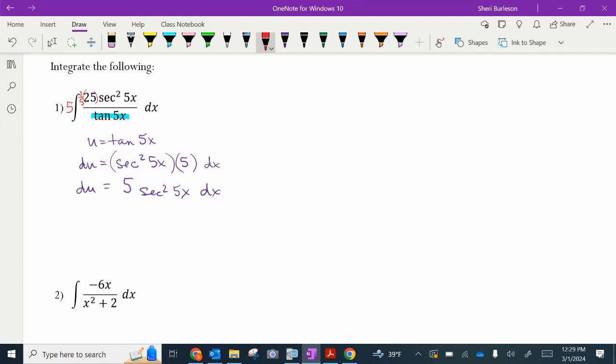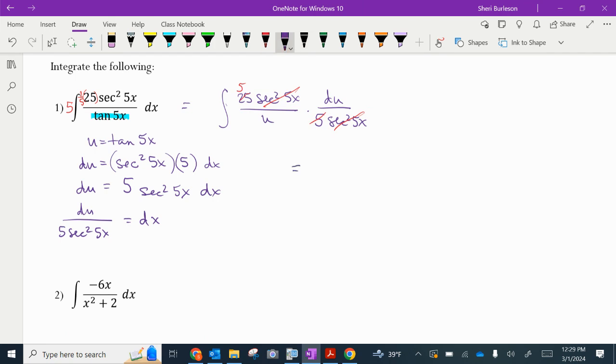If you were trying to do this by solving for dx, I would end up with the integral of 25 secant squared 5x over u, and dx is du over 5 secant squared 5x, and then my secant squared 5x reduces and my 5 reduces.